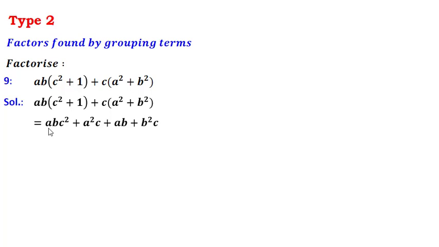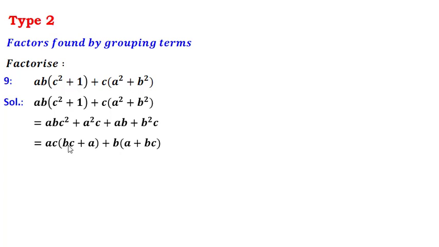Now a is common in these two terms, and c is also common, so I can take ac common. So after taking ac common, I have b into c here and a is remaining here, and from these two terms I can take b common. So after taking b common, I have a plus bc.